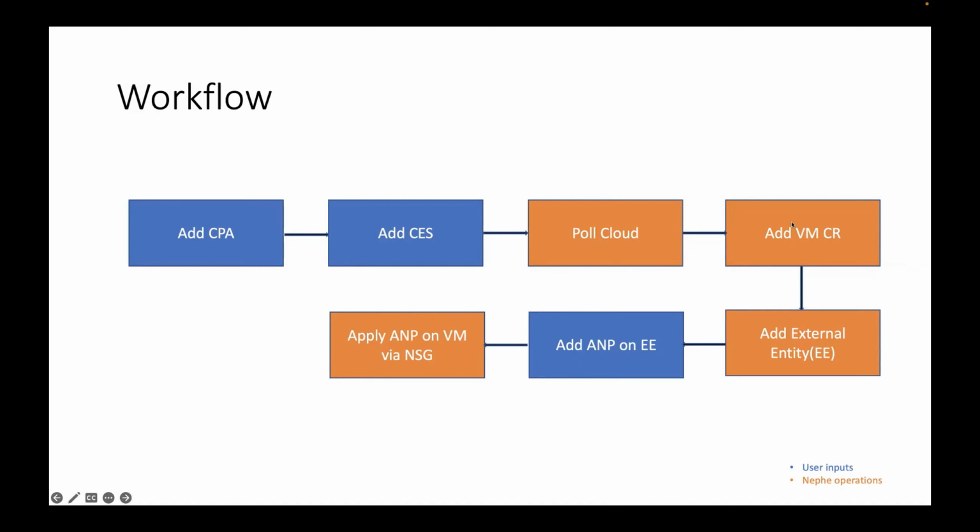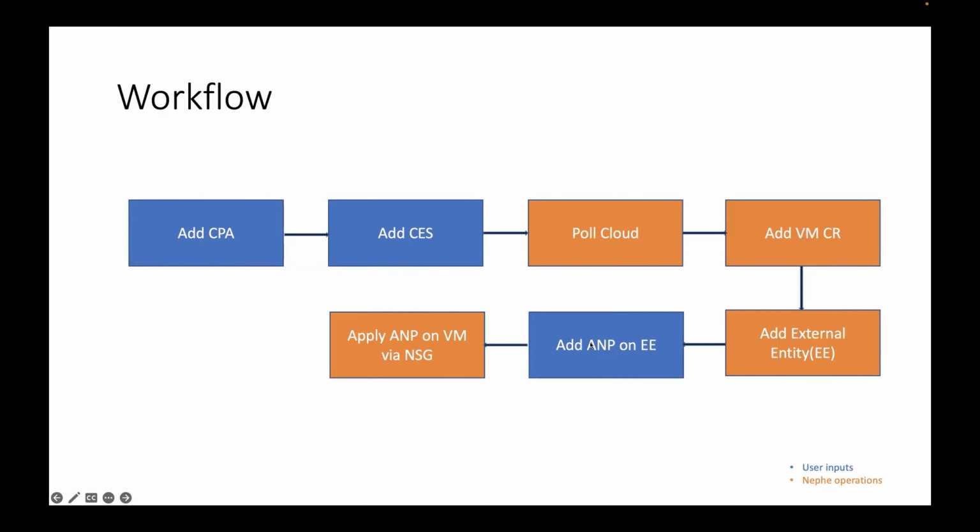It doesn't understand virtual machine CR. So we also add a one-to-one mapping between the virtual machine CR and external entity. Whenever a virtual machine object is added or deleted, Nephi adds or deletes an external entity accordingly.